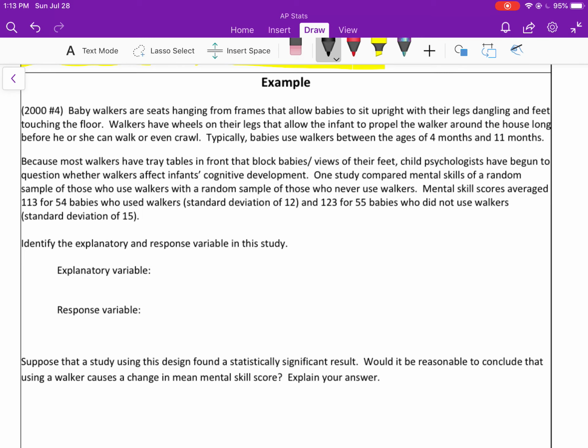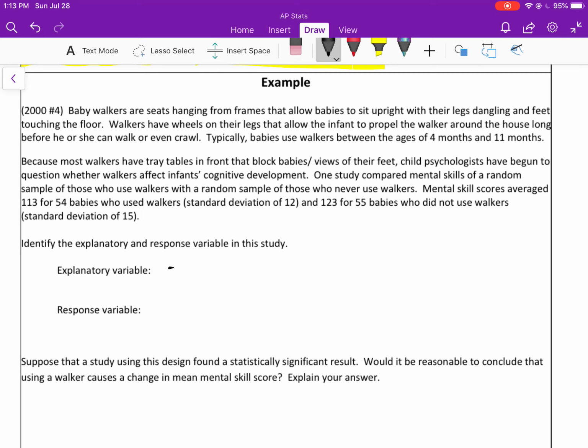Mental skills averaged 113 for 54 babies who used the walkers with a standard deviation of 12, and 123 for 55 babies who did not use walkers with a standard deviation of 15. Identify the explanatory and response variables in this study. So the explanatory variable, we can think of it as the different treatment groups, so the different groups.